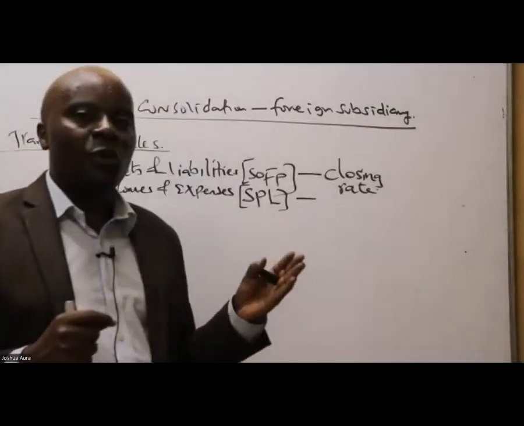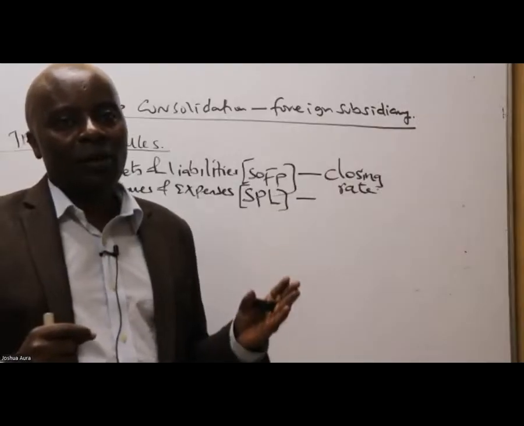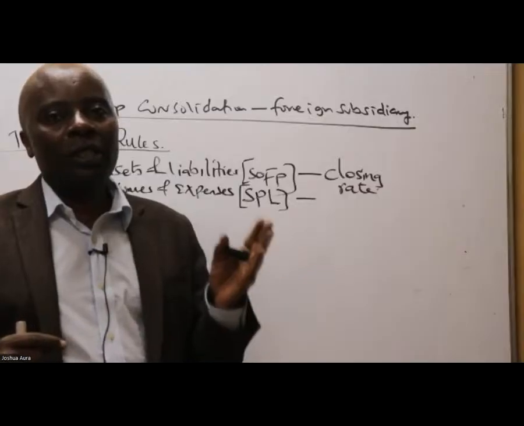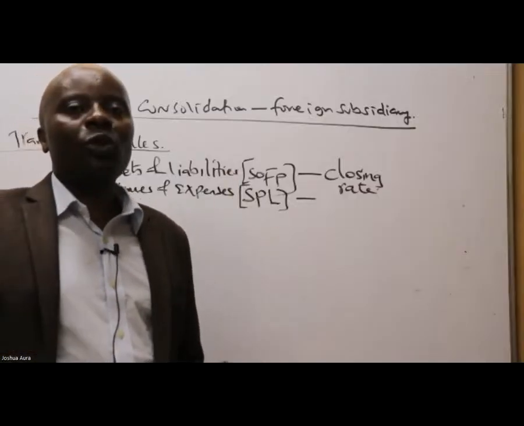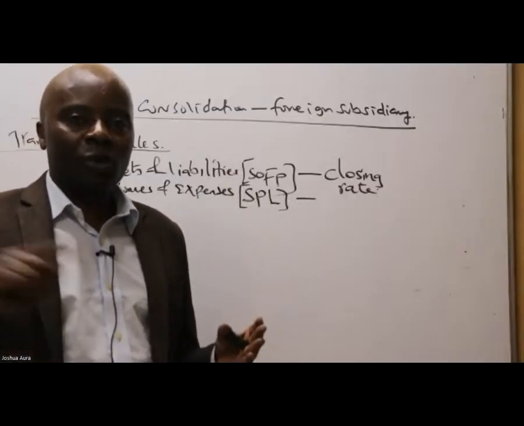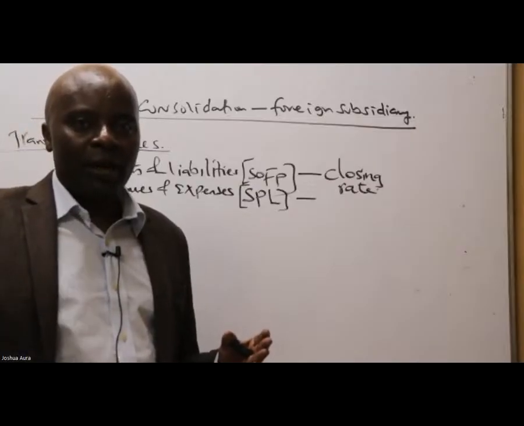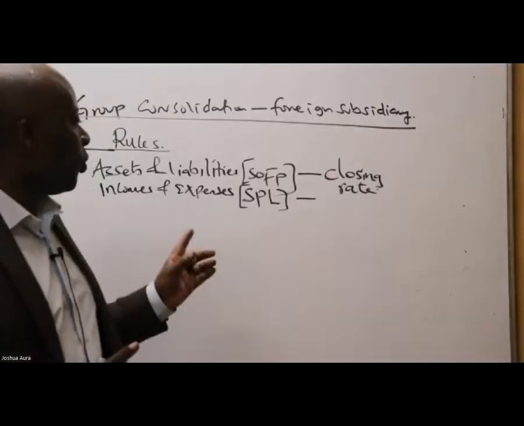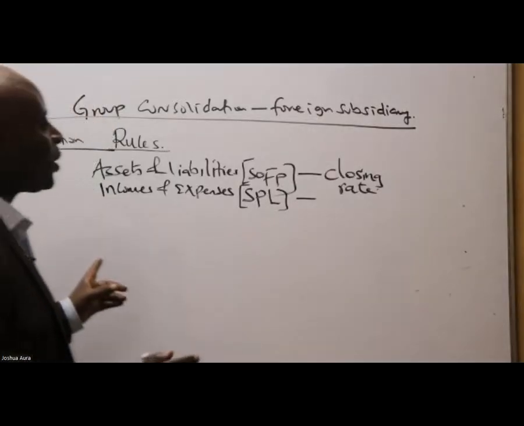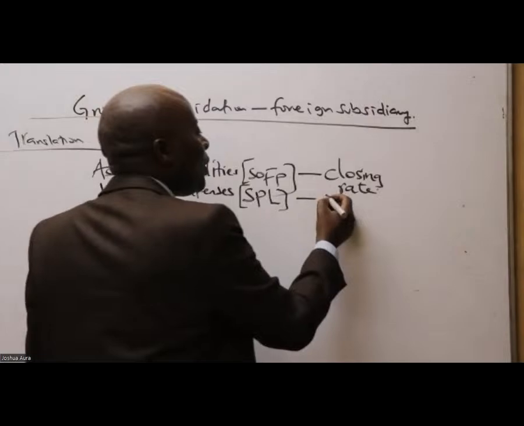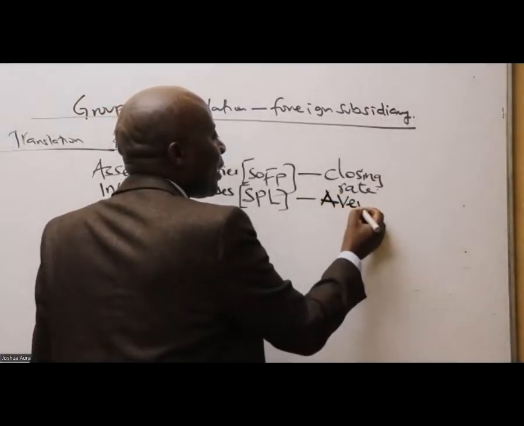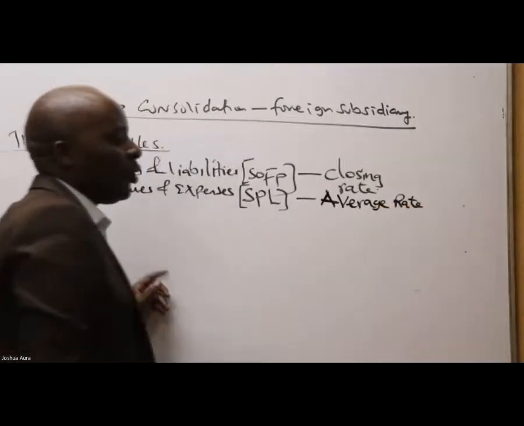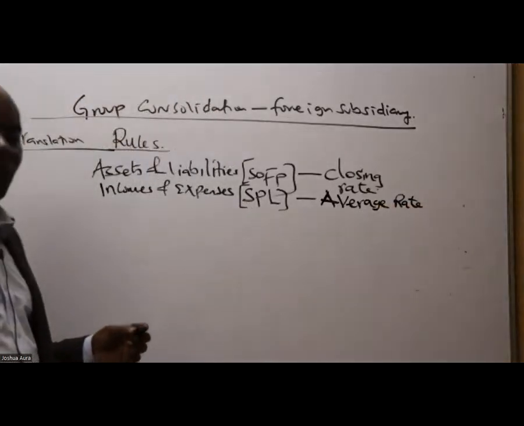You have sales revenue coming to us on the 1st of January, on the 5th of January, on the 12th of December, etc. So over the whole year, we have what we call transactions. So always, incomes and expenses, we shall be translating them using the average rate.